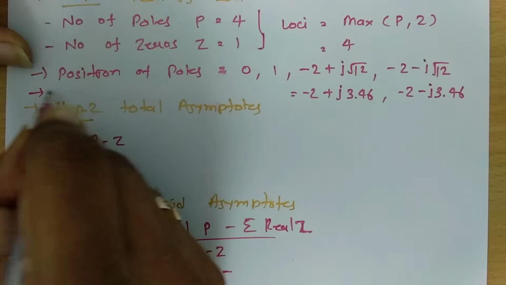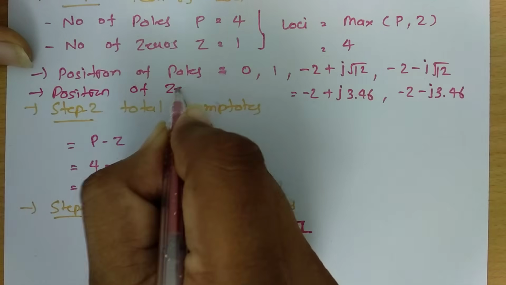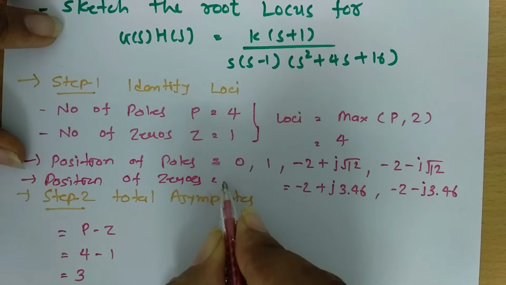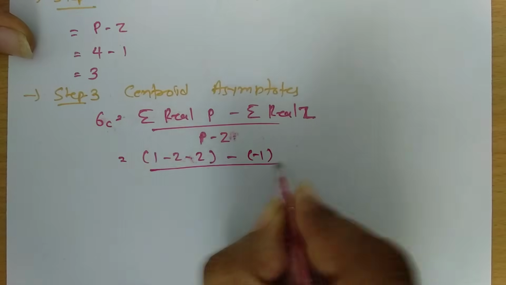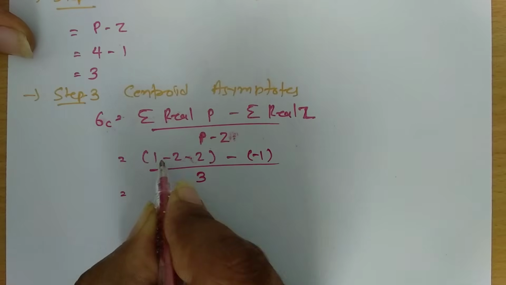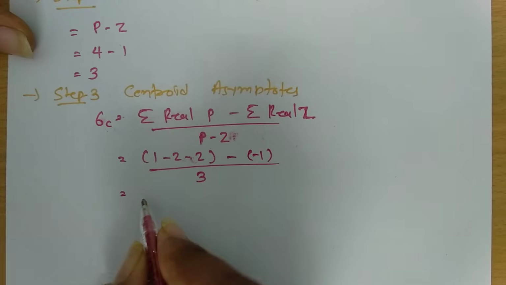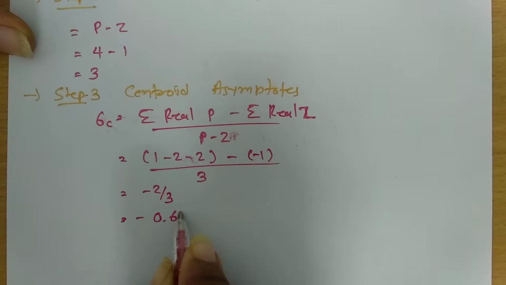Here I forgot the position of zeros, that is at minus 1. So the real part of the zero is at minus 1, divided by 3. So this will be minus 2 by 3, which is minus 0.67.